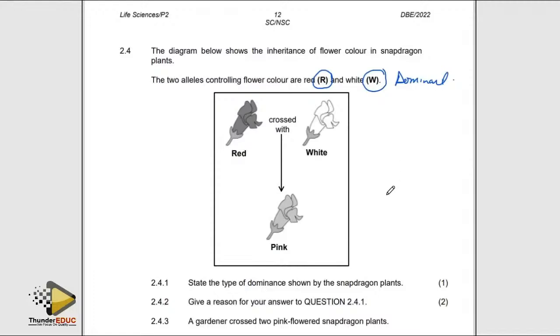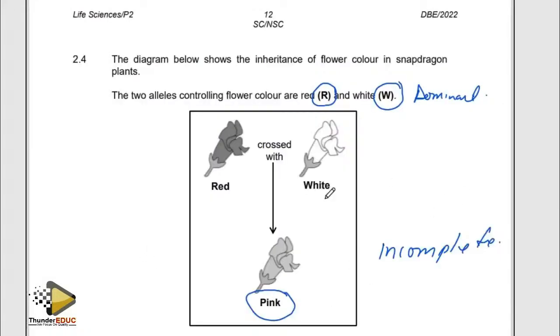So the type of dominance, the moment you get an intermediate, neither of the parent colors produced in the offspring, it means that that kind of dominance is called incomplete. It means that red is neither dominant over white, and white is neither dominant over red.